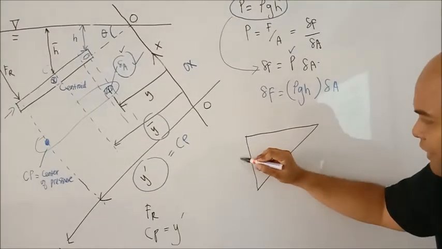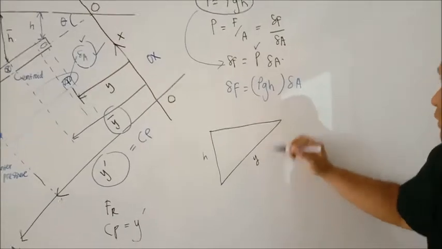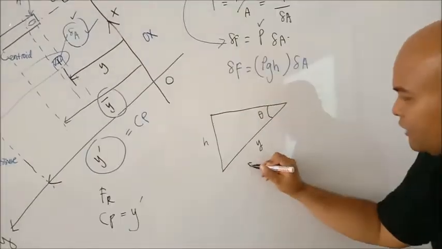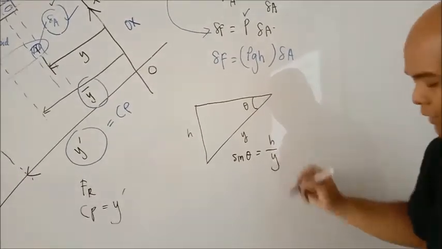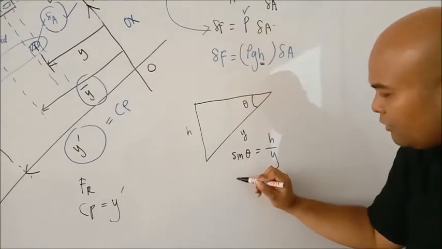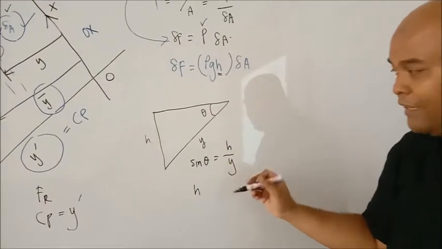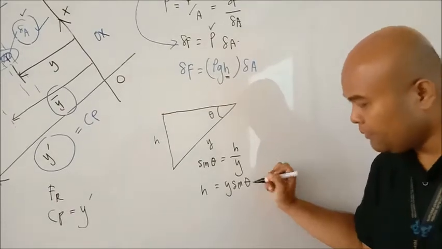If let's say ini adalah H dan if let's say ini adalah Y dan ini adalah sudut theta, alright, so sin theta sama dengan H over Y. Jadi untuk H yang di sini kita boleh kemas kini atau modify the equation kepada Y sin theta.